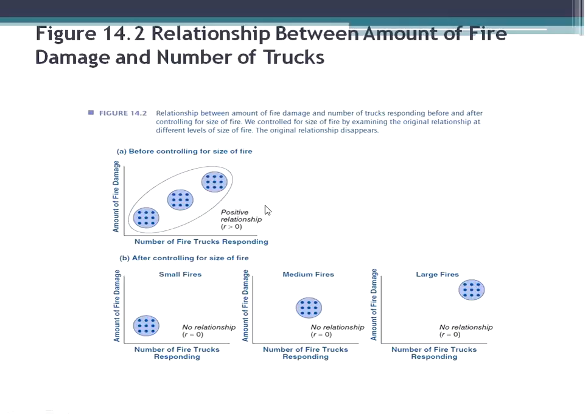But when we control for the size of the fire, so we control for small fires, medium fires, large fires, and we do this statistically, mathematically, then the relationship goes away, right? The relationship between number of fire trucks responding and damage goes away because we've removed the variability in this dependent variable of fire damage that's due to the size of the fire.